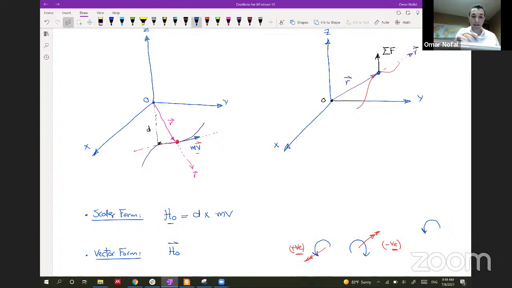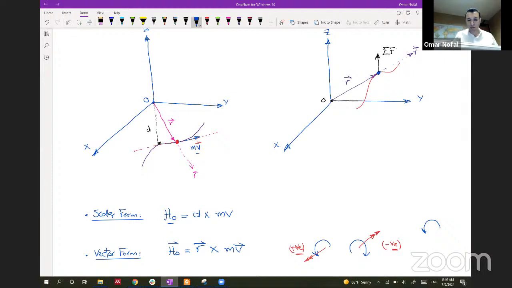We discussed this in detail yesterday. The angular momentum vector will be equal to the r vector crossed by the mv vector. The mass is a scalar quantity, but the velocity is a vector quantity.